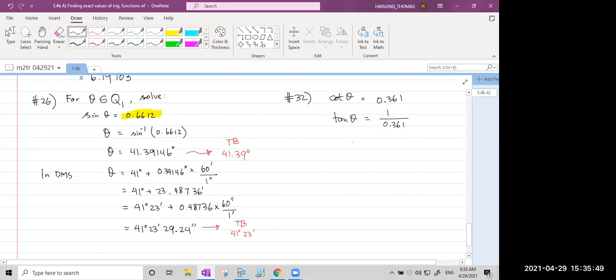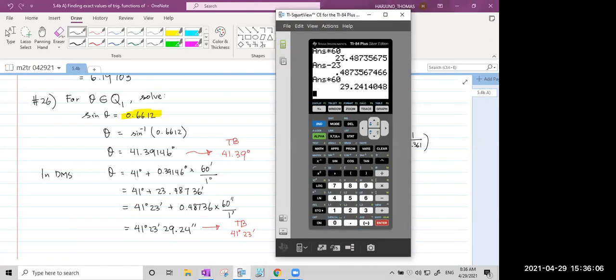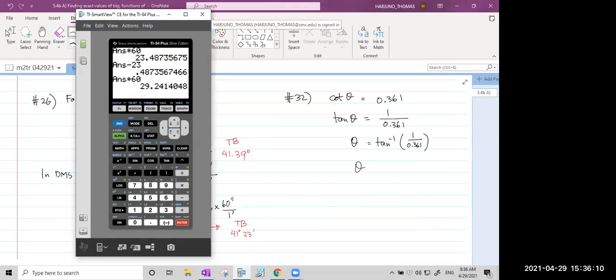Okay? Now then from here, you use your calculator, compute tangent inverse of that 1 over 0.361. So let the calculator do that division and apply the tangent inverse. Okay? So I will do tangent inverse of 1 over 0.361.